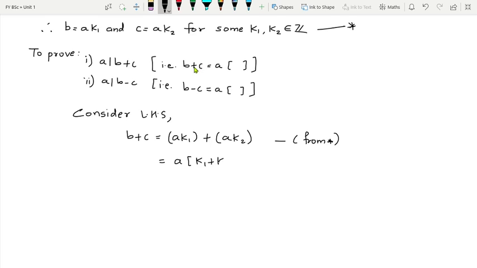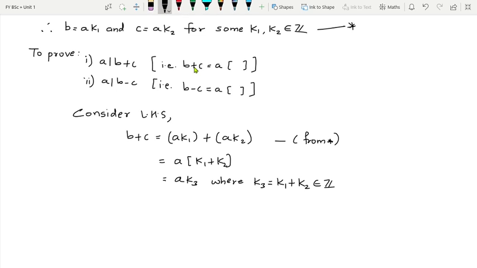That is K1 plus K2, and you can call it some K3, where K3 is equal to K1 plus K2 belongs to Z, and therefore A divides B plus C, and that is what we wanted to prove.